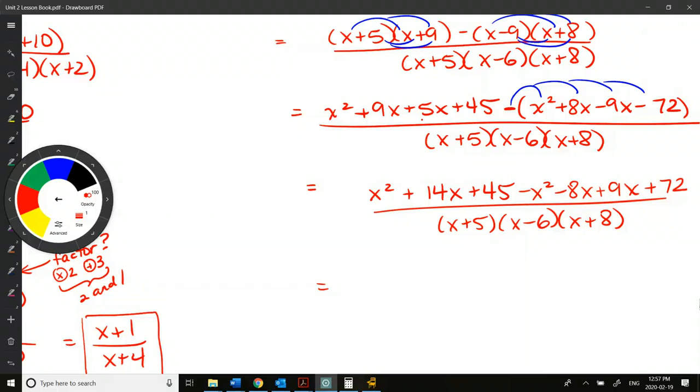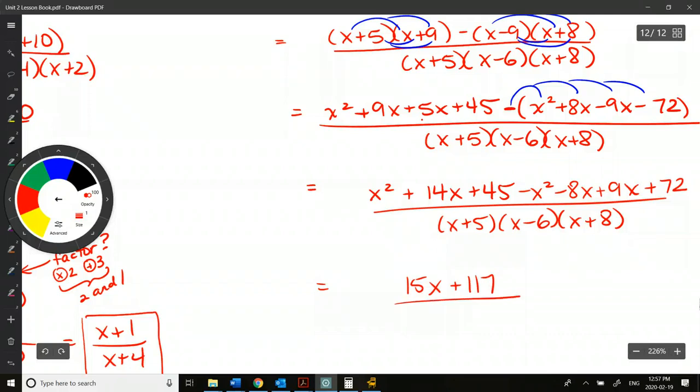And then we're going to have 14x and negative 8x and 9x. That's going to give us 15x. And then 45 and 72, I think that gives us 117. There's a positive x squared and a negative x squared, so those are gone.